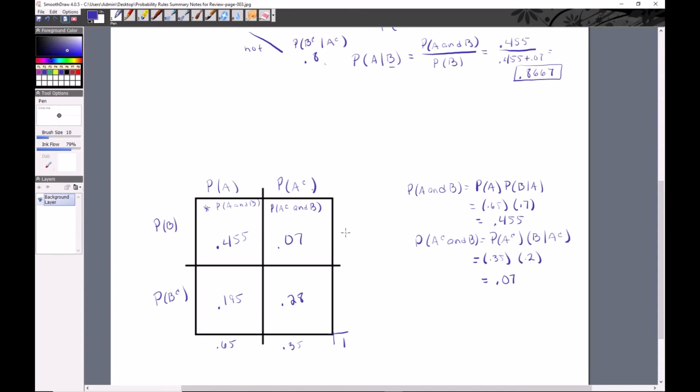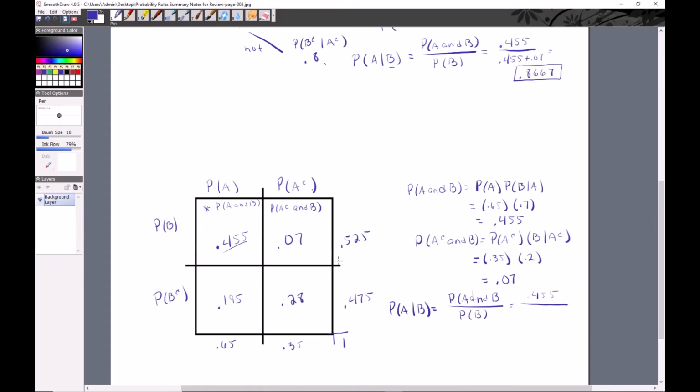And if you add across, this is 0.525. That's your probability of B. If you subtract that from 1, you get 0.475. And they're asking us for the probability of A given B. And that'll be the probability of A and B over the probability of B. All right, probability of A and B is this, so 0.455.